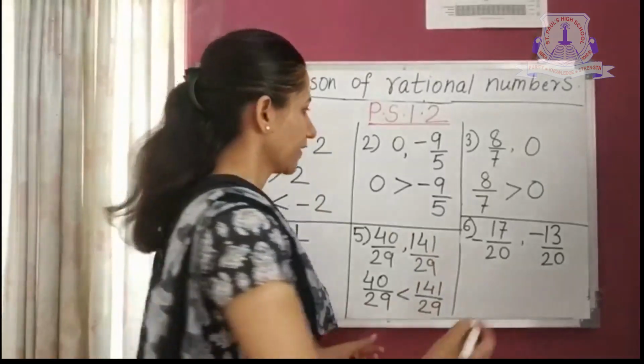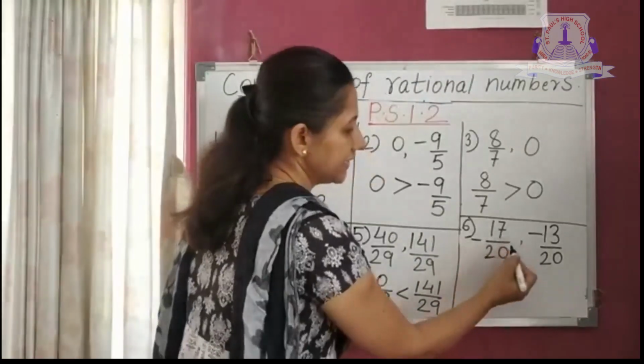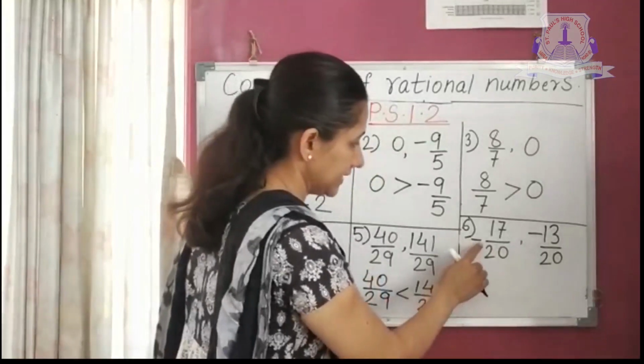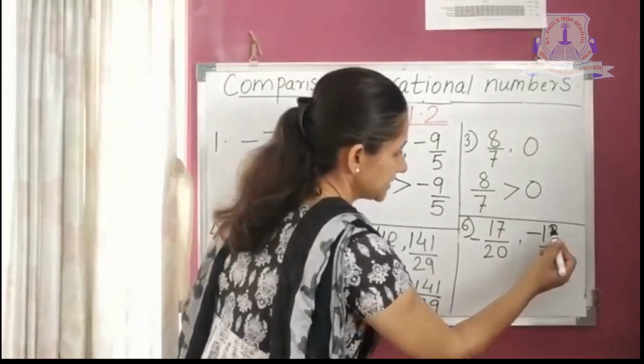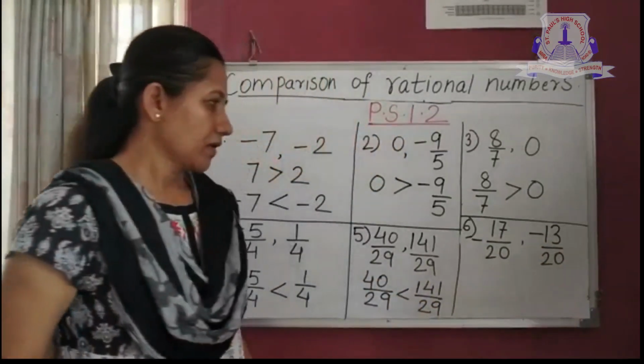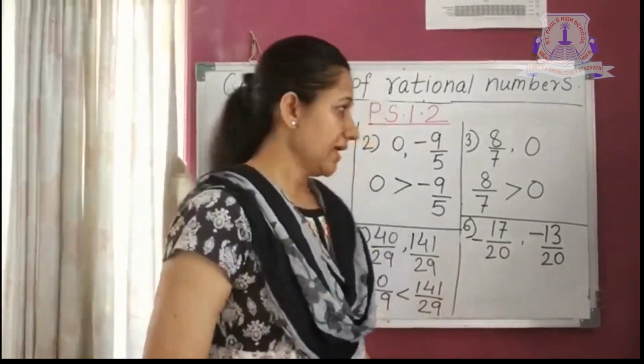Next, sixth one. Here we have minus 17 upon 20 and minus 13 upon 20. So students, here both the fractions are negative.